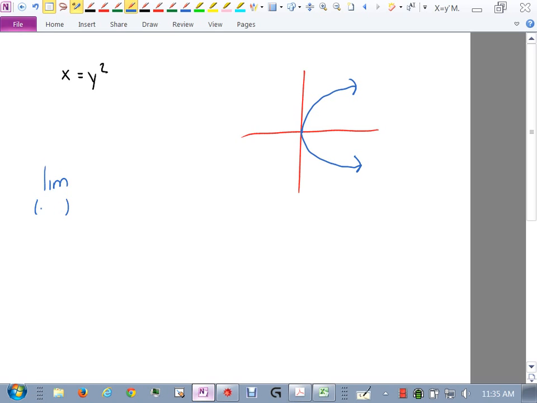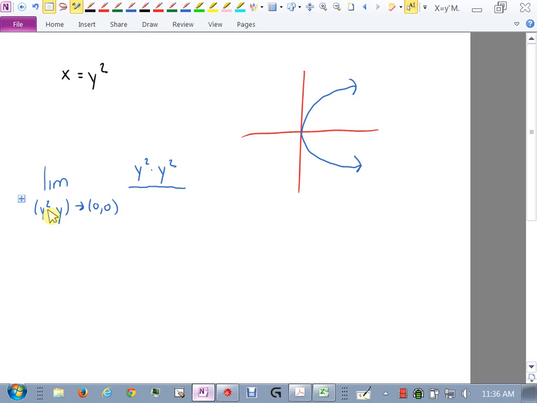Limit as y squared, y approaches 0, 0. The top is going to become y squared times y squared, because it was xy squared, wasn't it? x has been replaced with y squared, over x squared. What's x squared?